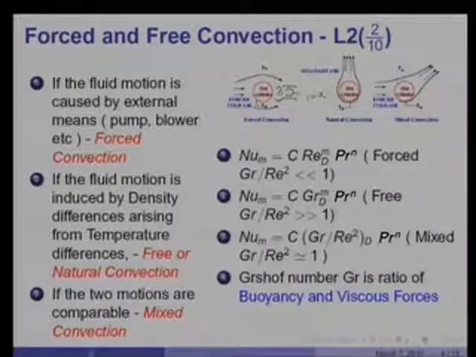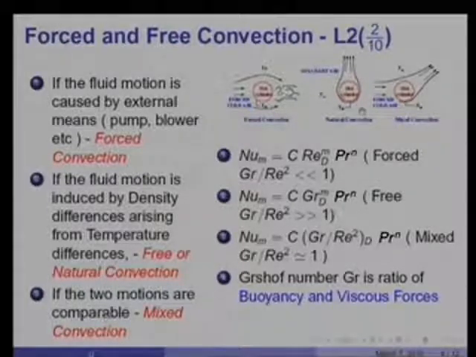So as a result of the density difference, lighter fluid simply climbs up against the action of gravity; we call this natural convection. In moving past the cylinder in this manner, it picks up heat and transfers it to the ambient. So if the fluid motion is induced by density differences arising from temperature differences, we say the situation is a completely free or natural convection situation.